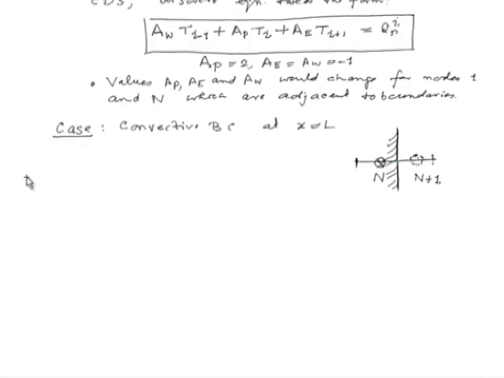Now, with this arrangement our boundary point happens to be the midpoint between these nodes, actual node n and the external, so-called ghost node.